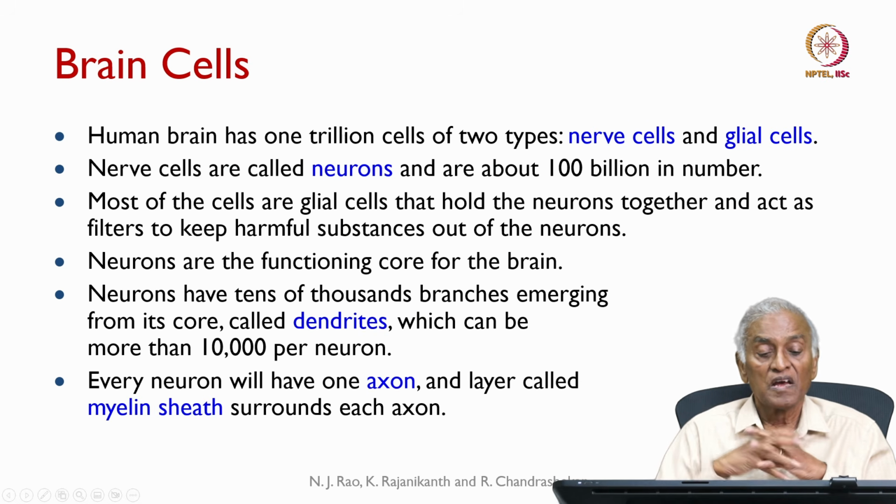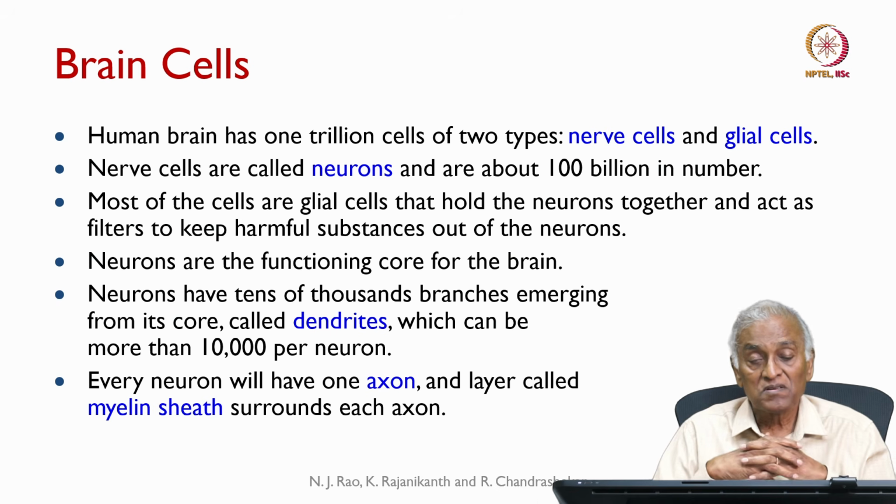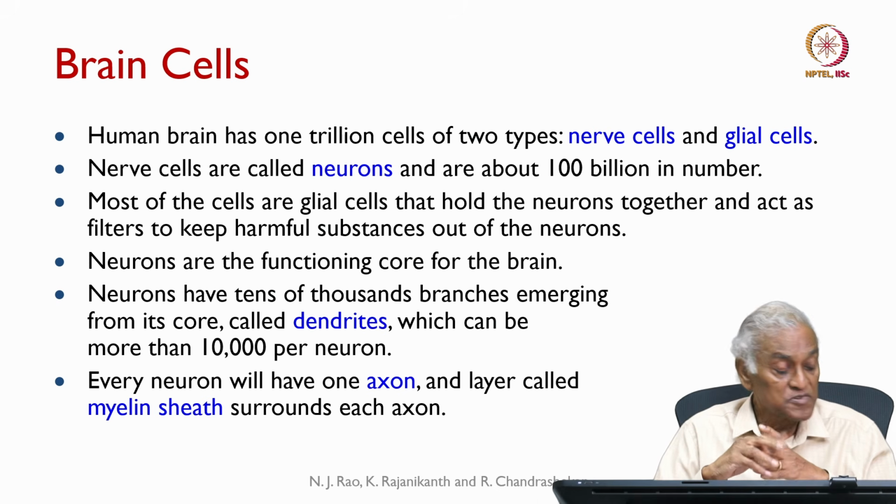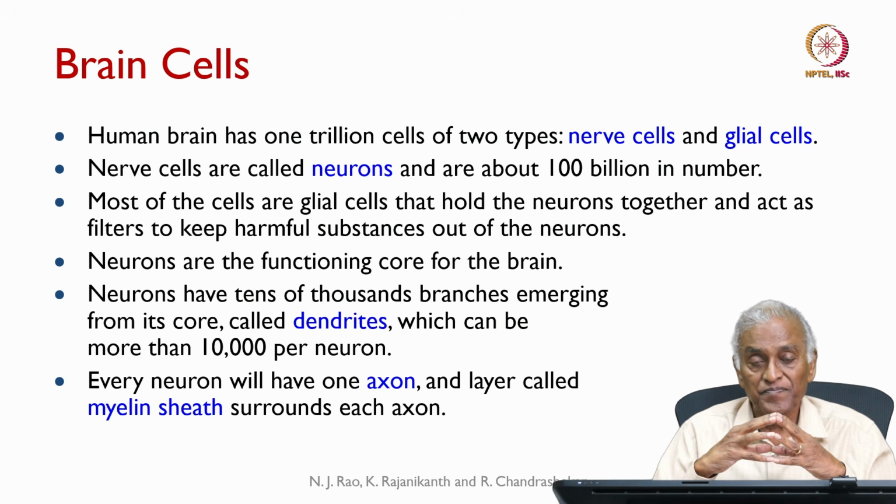Human brain, to get into other parts of the brain, has 1 trillion cells of two types: nerve cells and glial cells. Nerve cells are called neurons and are about 100 billion in number.